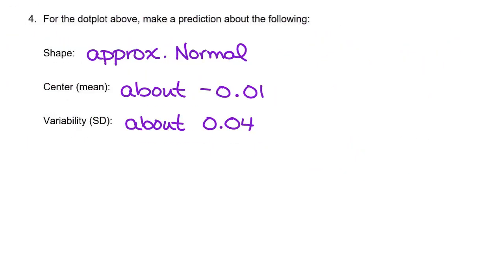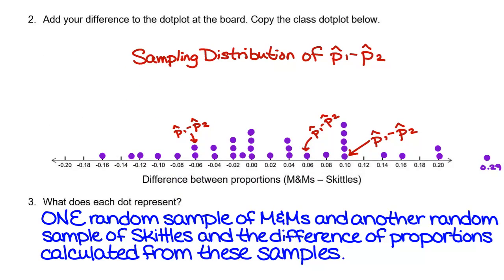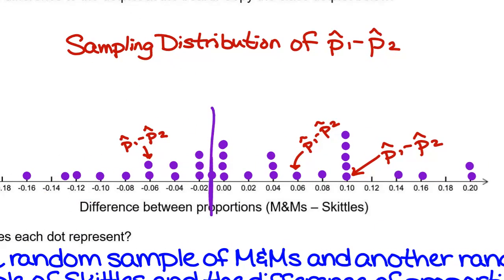So at least one person said they thought the shape was approximately normal. Somebody else said they thought the center was about negative 0.01. Let's look at that. Negative 0.01 would be here. What do we think? No. Where would you want to move it to? 0.1? 0.03?